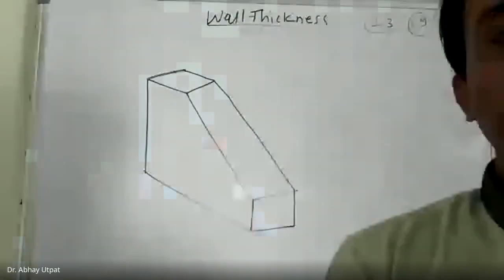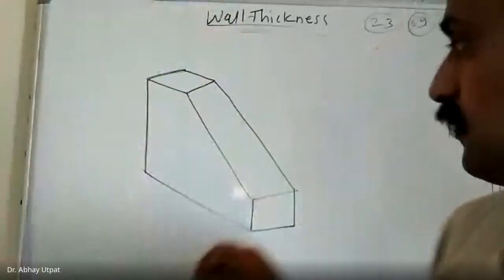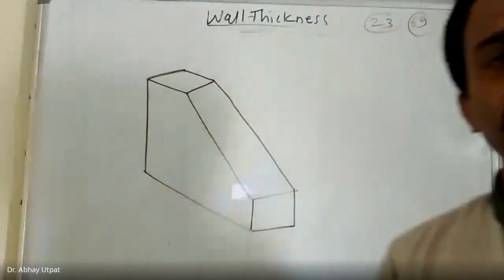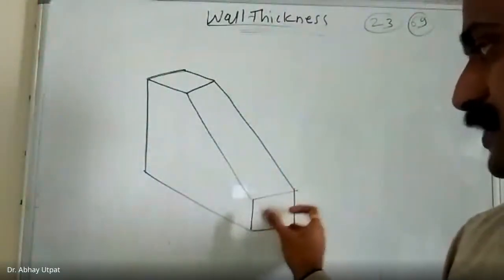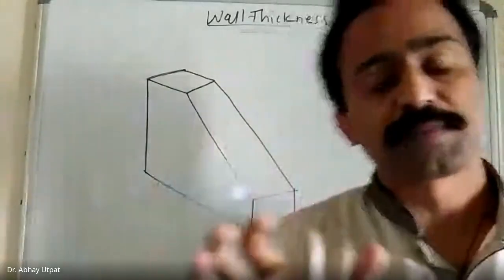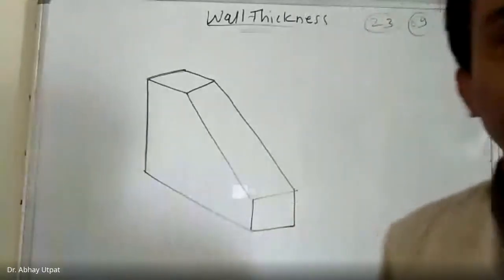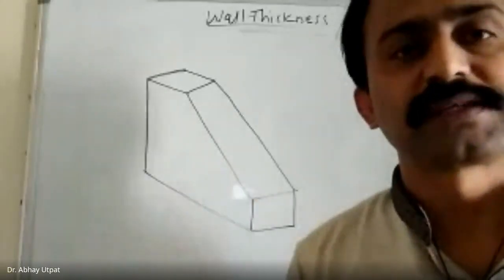Prasad, whether it is wrong or right, don't think about it. Just put your idea here. Without changing outer dimensions, and I am intentionally giving stress on the words outer dimension, how can you reduce the weight of this component by keeping uniform wall thickness?